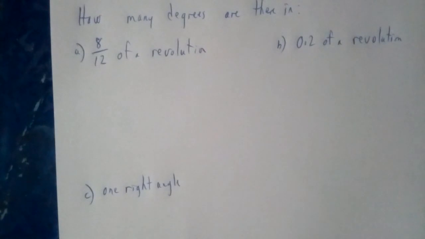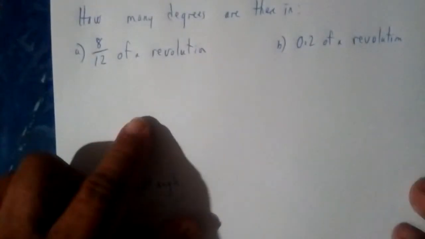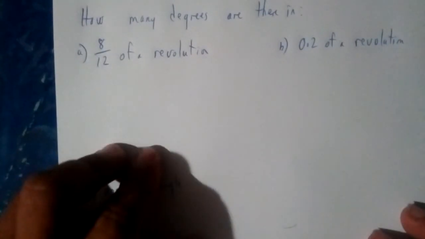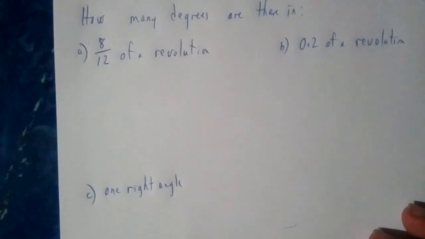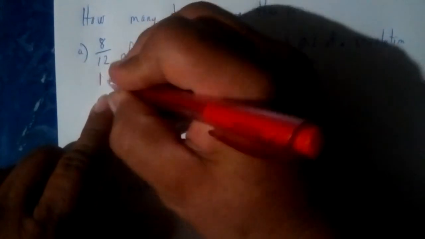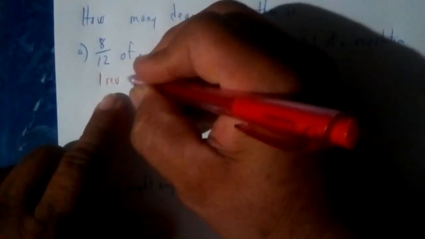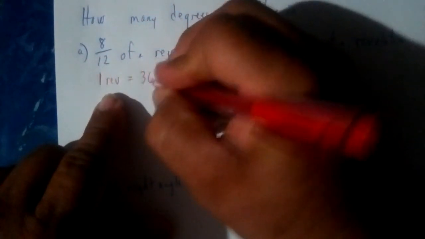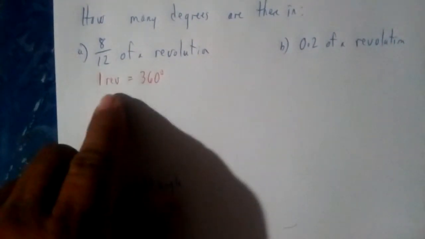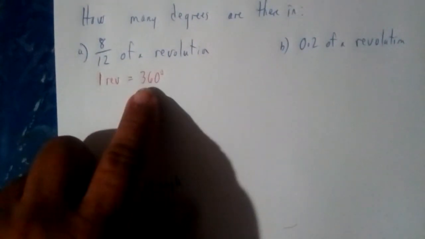The way we work this out, I'm going to be doing the working out in red. We know that a complete turn or a revolution is equal to 360 degrees. So you put here: 1 revolution equals 360 degrees.